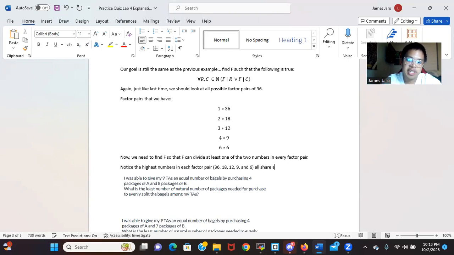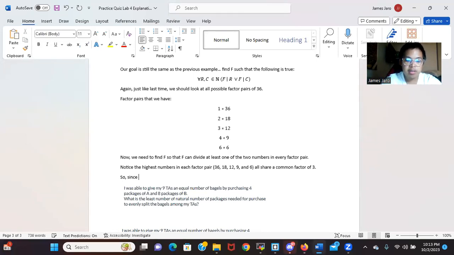They all share a common factor of 3. So since they all share a common factor of 3, that's the highest we can go without causing any problems. If we go any higher than 3, we're not going to be guaranteed that at least one of the factor numbers in each pair is divisible by the number of friends.